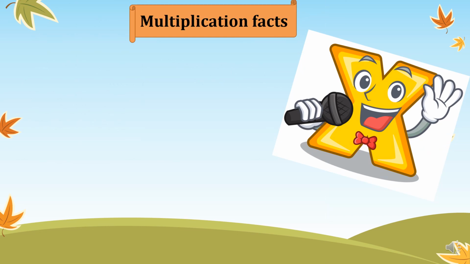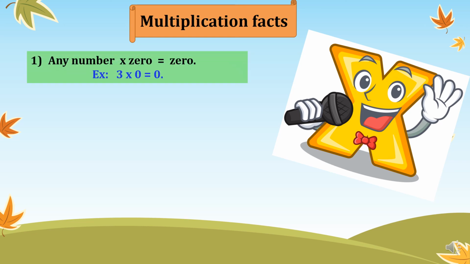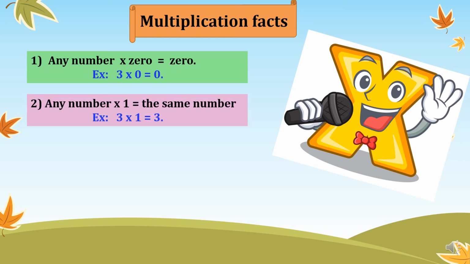Now let's revise our multiplication facts. Some of them we studied before, and the new one, which is the distributive property. Multiplication facts, we will start with any number times 0 equals 0. So, for example, 3 times 0 equals 0. Number 2, any number times 1 equals the same number.